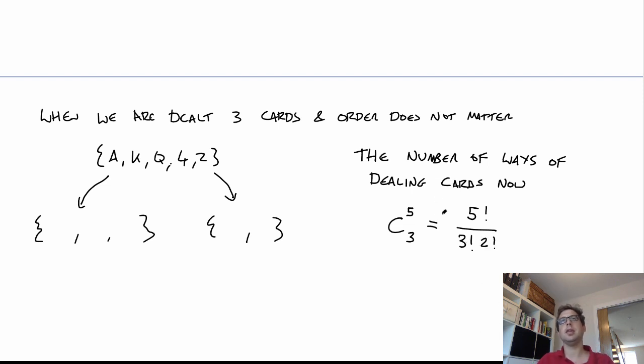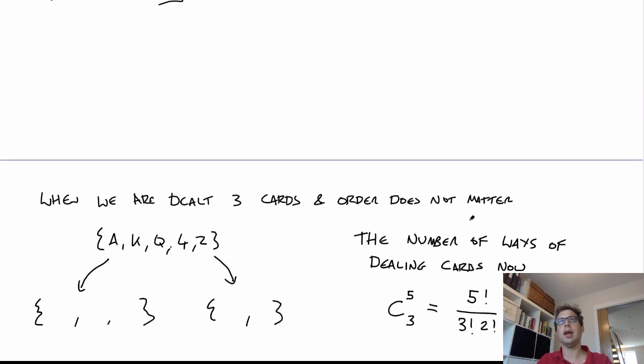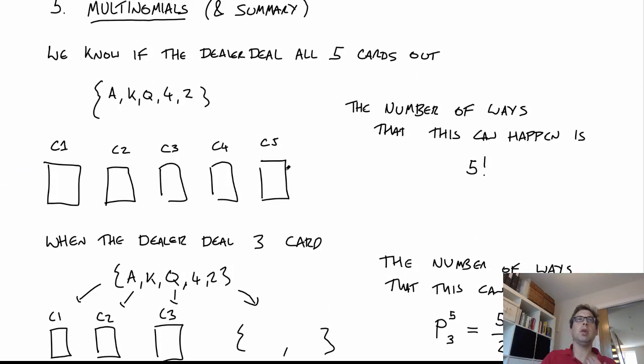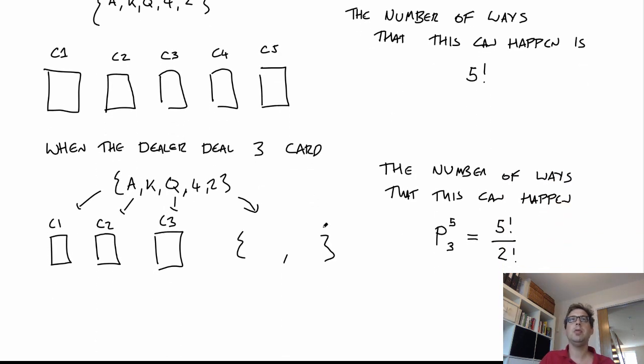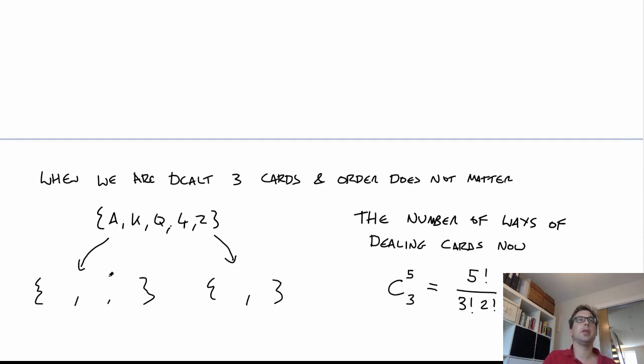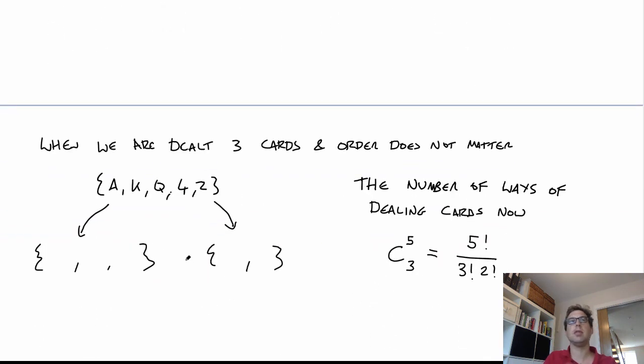Just to recap, when all the order mattered, we had 5 factorial. When we removed the order mattering from 2 of the items on this list, we divided by 2 factorial. Then, when we removed the order mattering from these 3 cards, we divided by 3 factorial from that previous term.